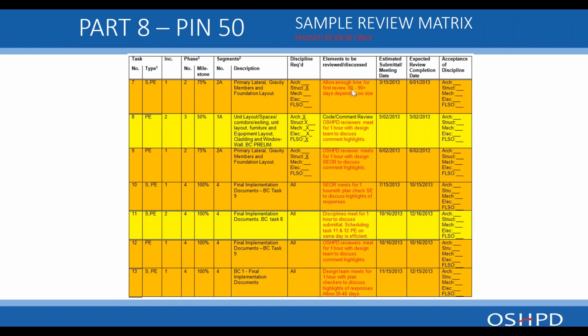Allow enough time for first review, 80 to 90 days. You'll notice that these dates here reflect this review time. If we follow increment 1 in this color here, we had a submittal and a plan exchange meeting where the design team came in and met with our designers for an hour and discussed the submittal.